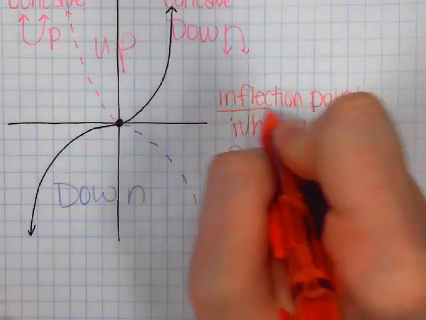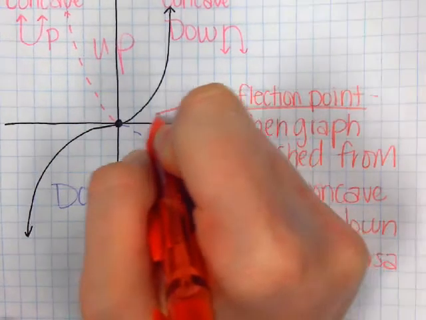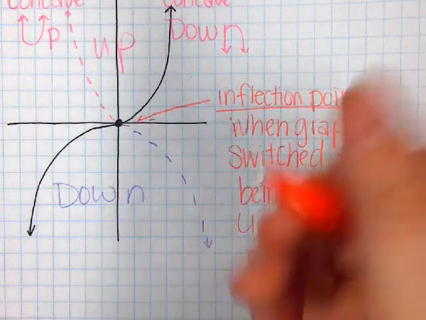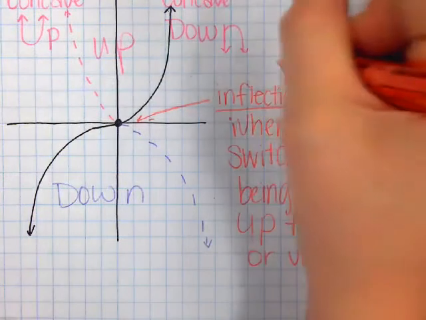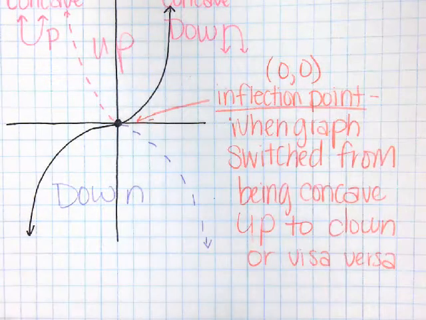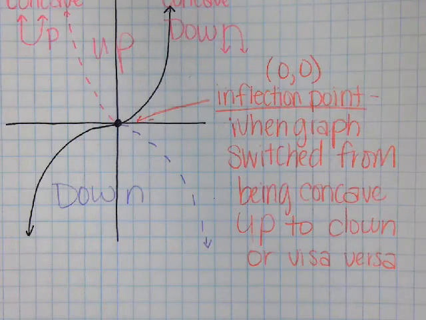Okay, so it's just when it switches. So the inflection point here is that point right there, and that's at the point 0, 0. So an inflection point is just when it switches from being concave up to being concave down.